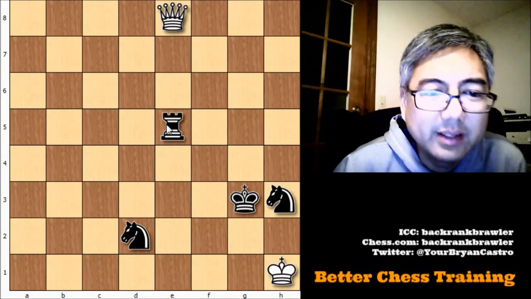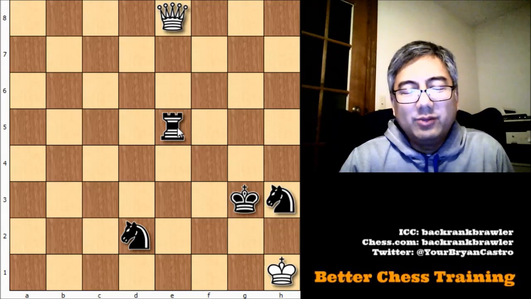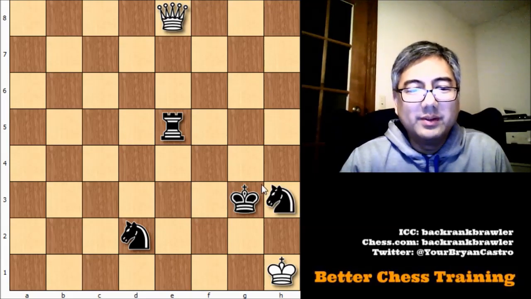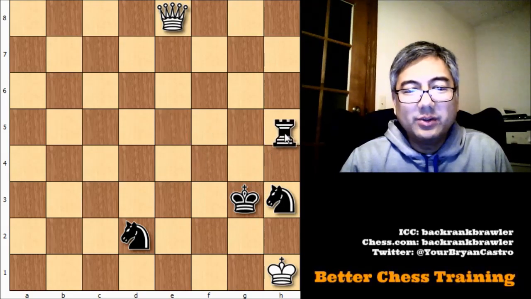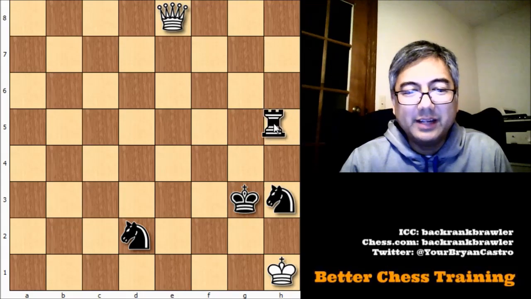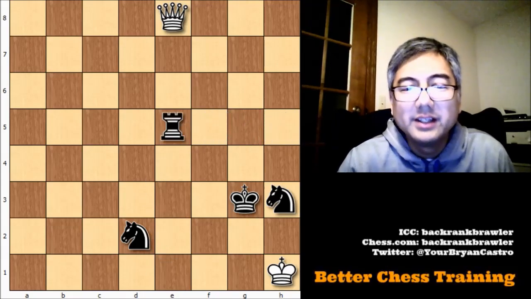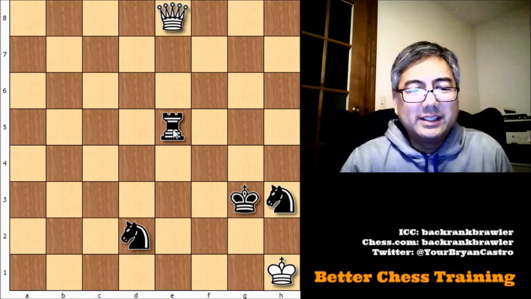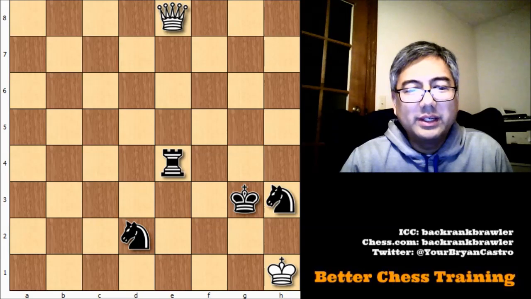So can we wait? If we try to move the rook anywhere, then the queen can take it, okay? Let's see here, for example, that he can't go here for that discovered attack because the rook's just taken. And let's say he tries to just protect the rook here.